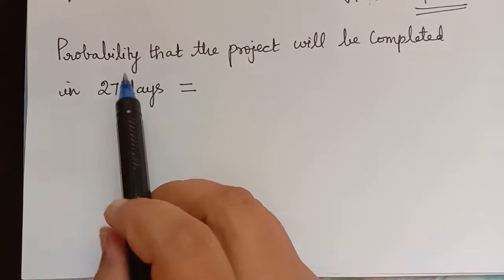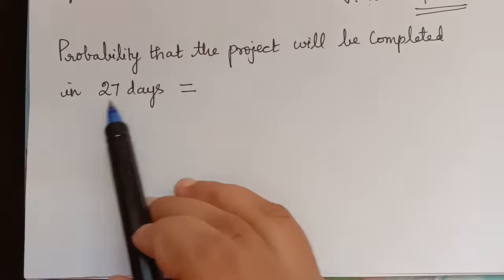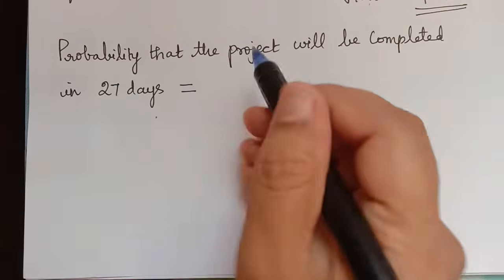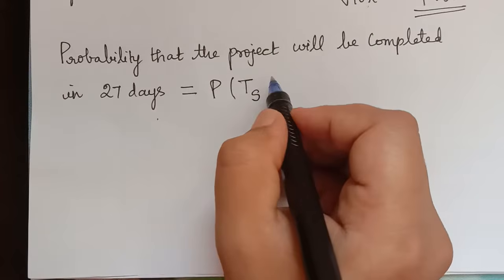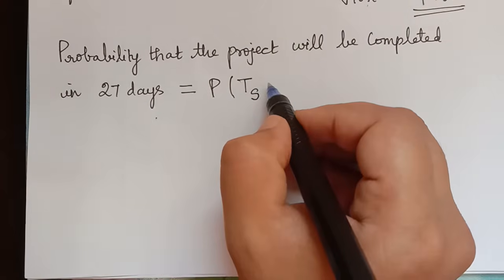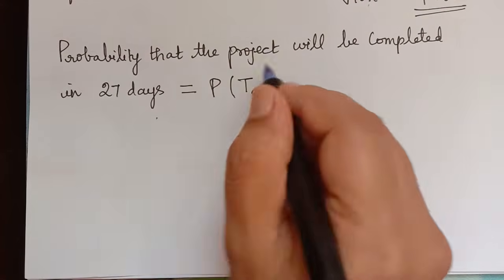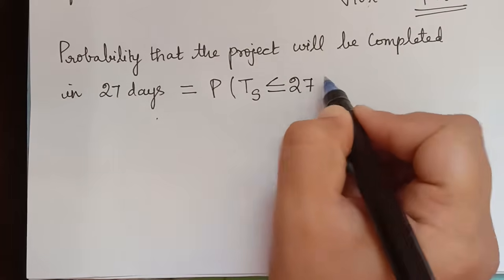So the required question is, we have to find the probability that the project will be completed in 27 days, which means either it should be 27 or lesser than 27. So T is to be lesser than or equal to 27.